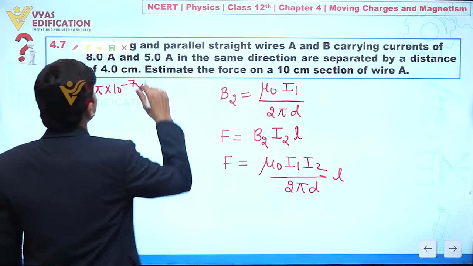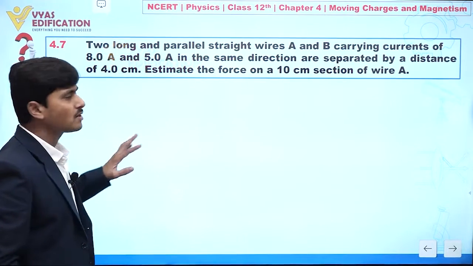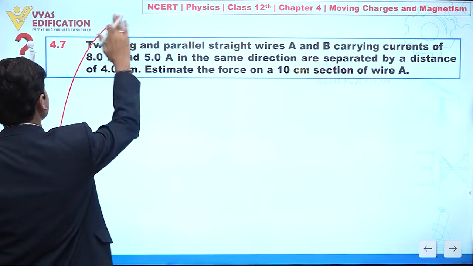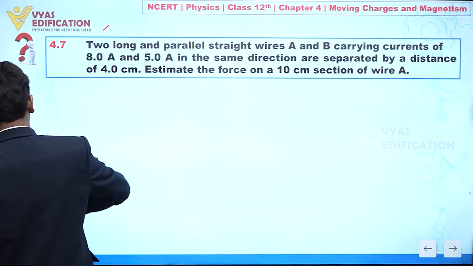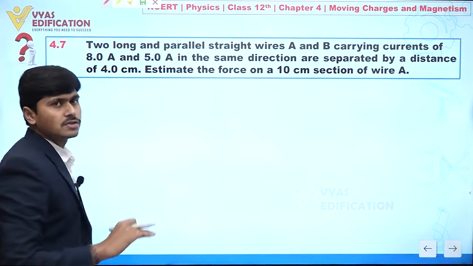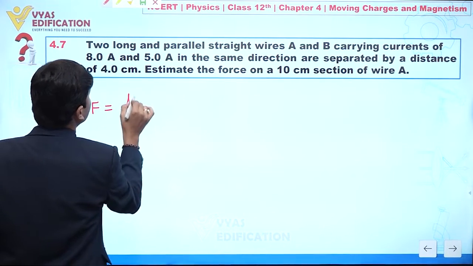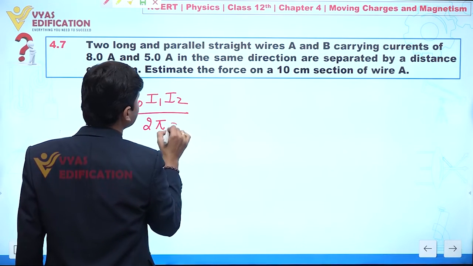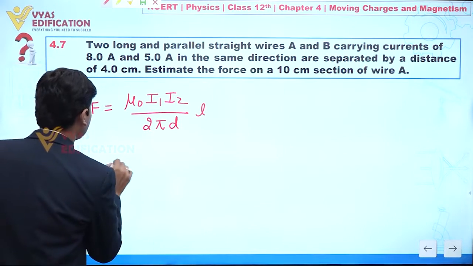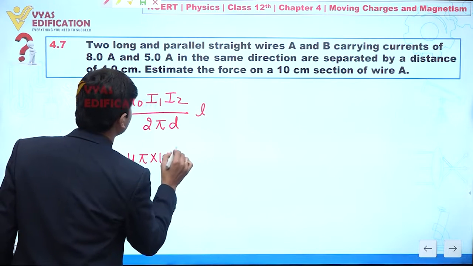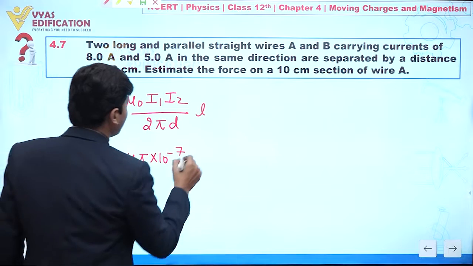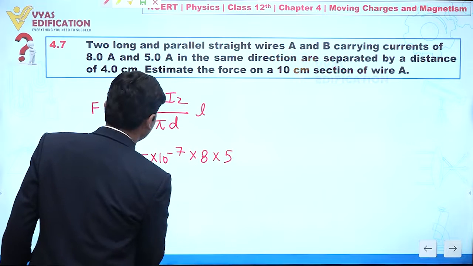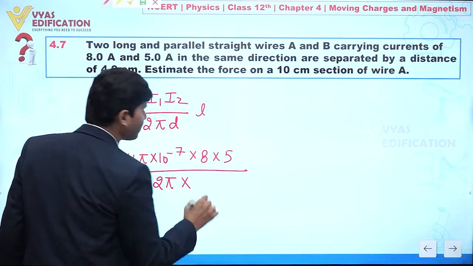The values of current I1 and I2 are given as 8 and 5, so 8 multiplied by 5 divided by 2 pi, multiplied by d.